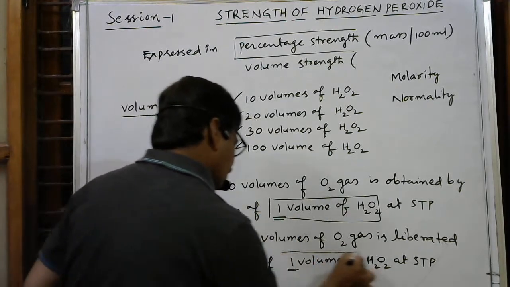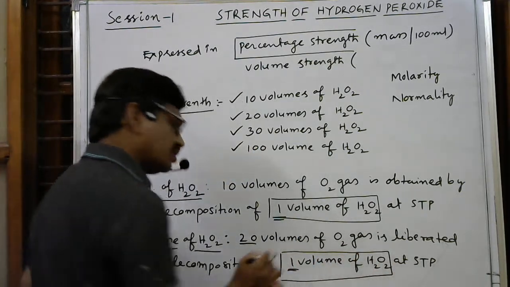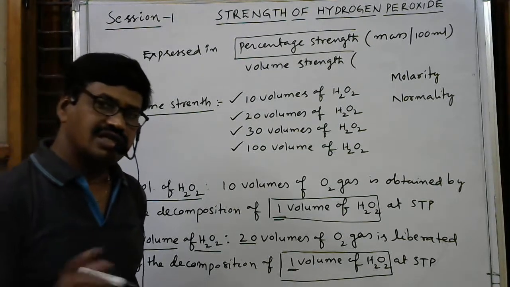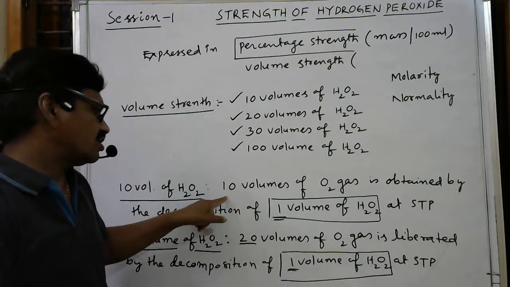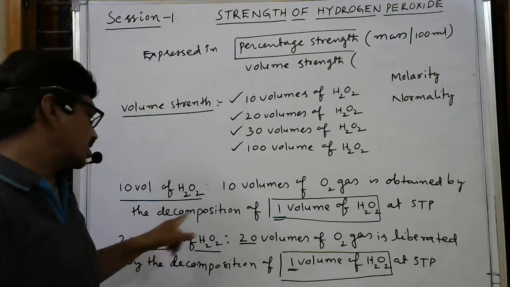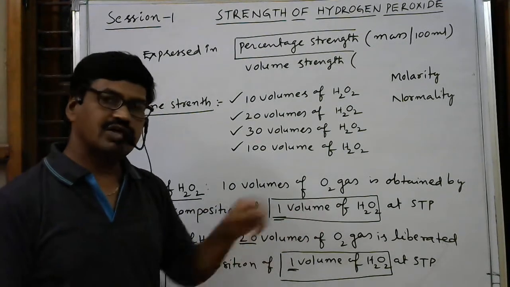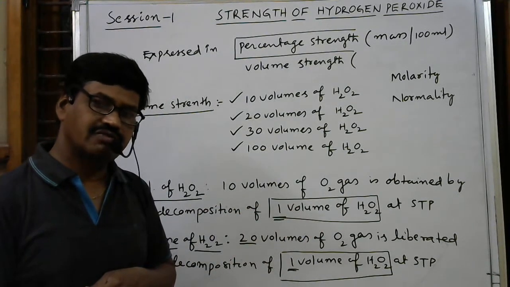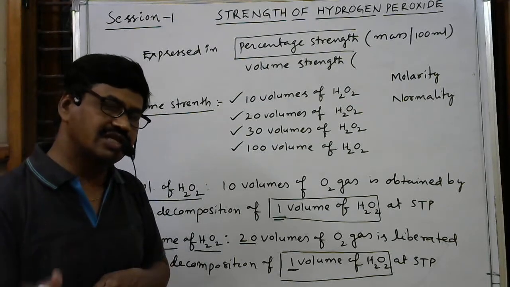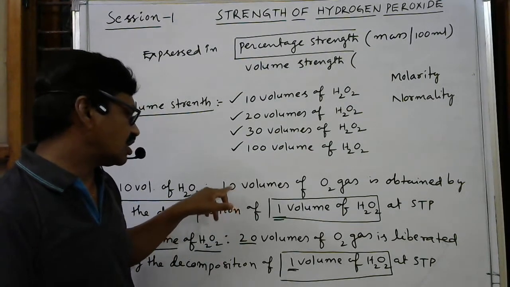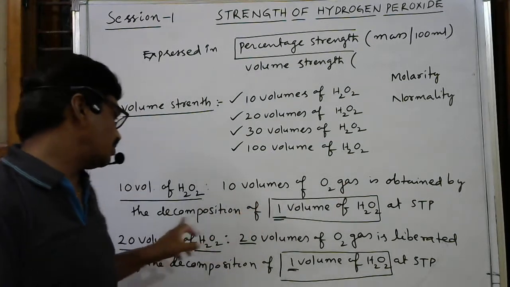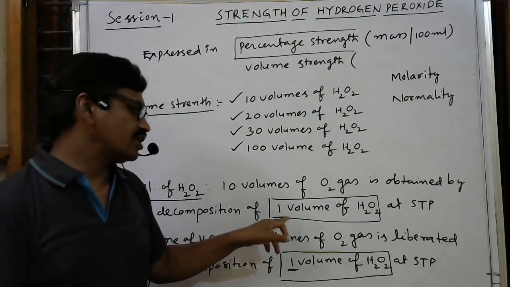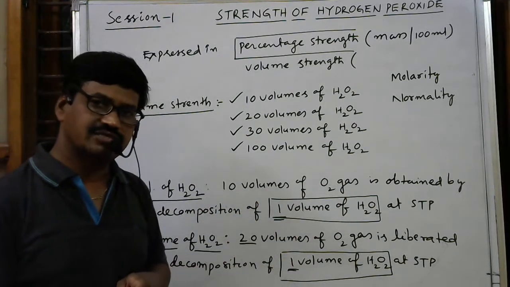If you want to take volumes in liters, then 10 liters of oxygen gas is obtained by the decomposition of 1 liter of hydrogen peroxide at STP. If you take milliliters, then 10 milliliters of oxygen gas is obtained by the decomposition of 1 milliliter of hydrogen peroxide at STP.